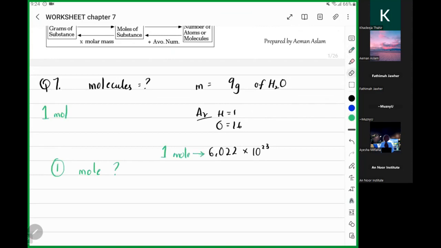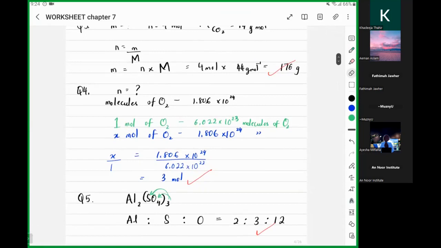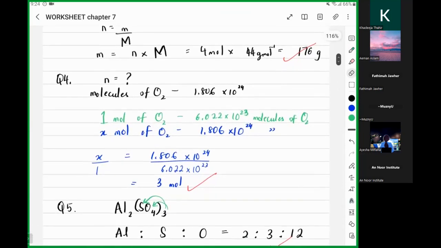Compare this with question number 4: if you want to find the number of moles and you know the number of molecules, you can find it. In this situation, they are asking for the number of molecules. So if you know the number of moles, you can multiply by the Avogadro number and get the number of molecules.